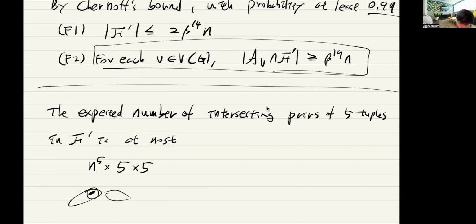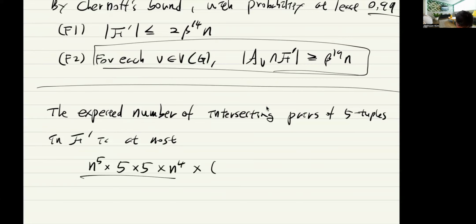And then you can choose the remaining 4 vertices in n^4 ways.